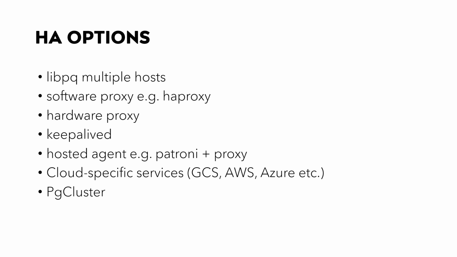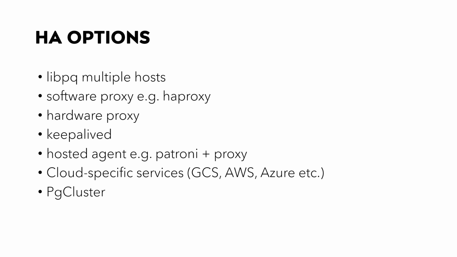But I found, as with a lot of these tools, that they're quite hard to understand the documentation. It's quite hard sometimes to understand what the project is actually aiming to do and how many different moving parts are involved. Because let's be honest, I don't want to have to be an expert on Patroni just to be an expert on Postgres. I want these tools to kind of work out of the box and to be understandable.